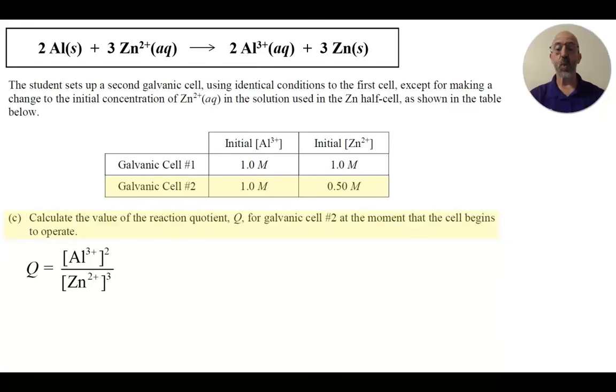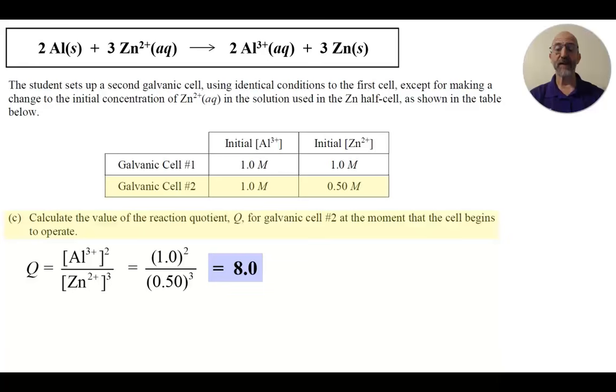If I plug in a 1 molar for the concentration of aluminum and a 0.5 molar for the concentration of zinc, I can calculate the value of the reaction quotient Q for galvanic cell number 2. And so when I pick up my calculator, it's going to be 1 squared divided by 0.5 cubed. So 1 squared divided by 0.5 cubed, that gives me a value of 8.